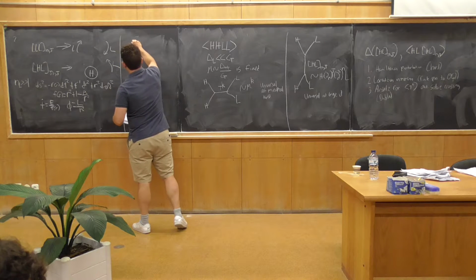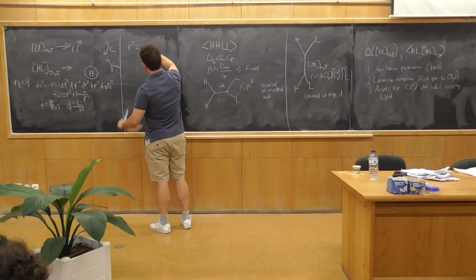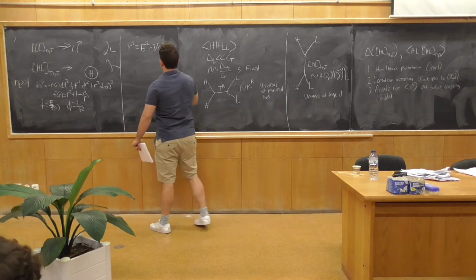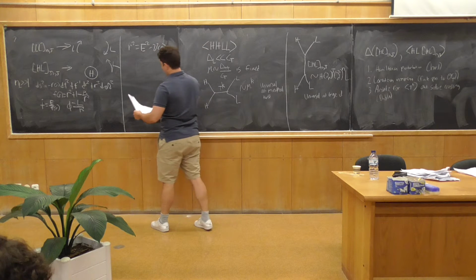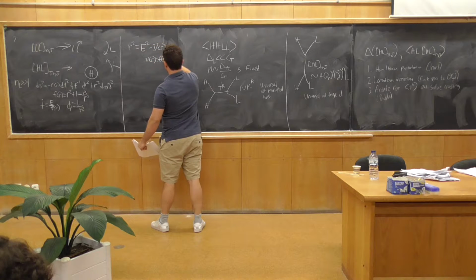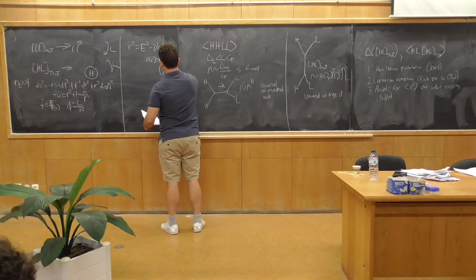And the final equation is R dot squared equals E squared minus V of R, where V of R equals F of R times L squared over R squared plus 1.